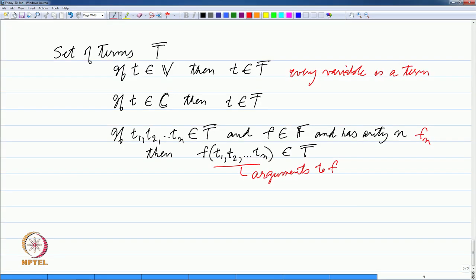So, examples of terms in some language, for example, if we are dealing with numbers, you may write something like sum 6 7, where sum is a function of arity 2, it corresponds to the sum that we are used to dealing with in numbers.